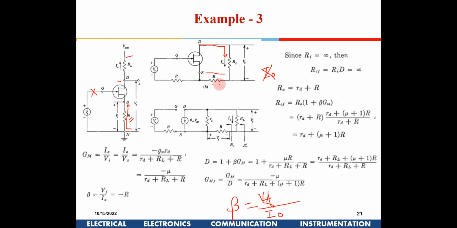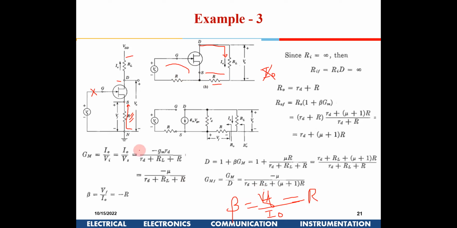So that resistance will be there here also. So this is the output circuit, this is the input circuit. This will remain in both places, right? Now beta is nothing but this resistance R.